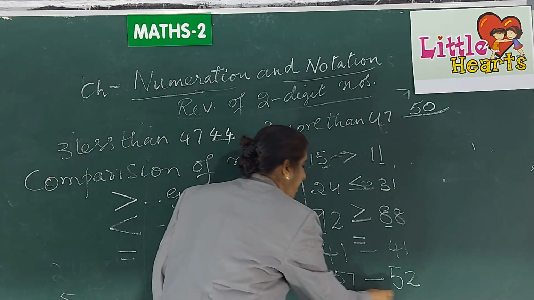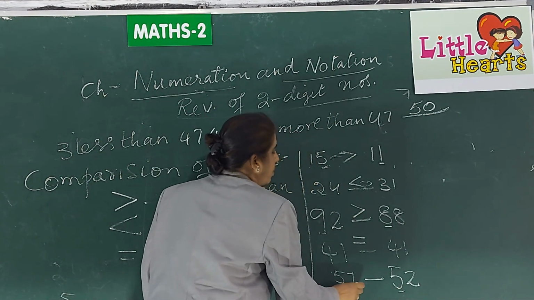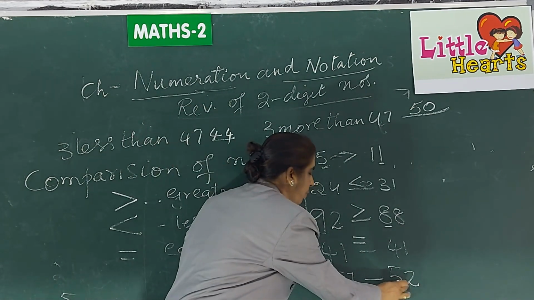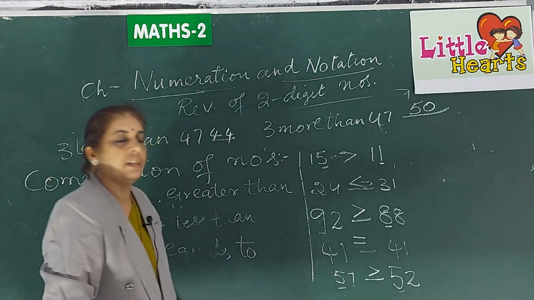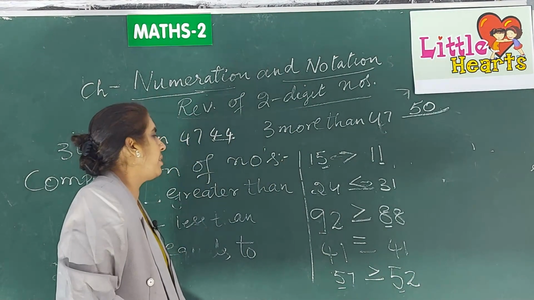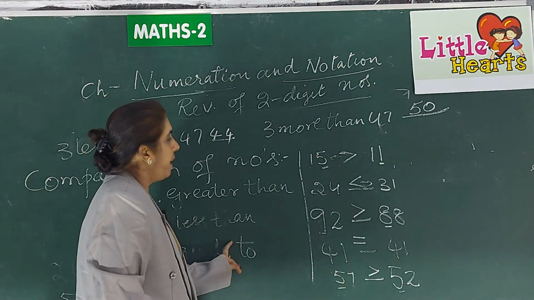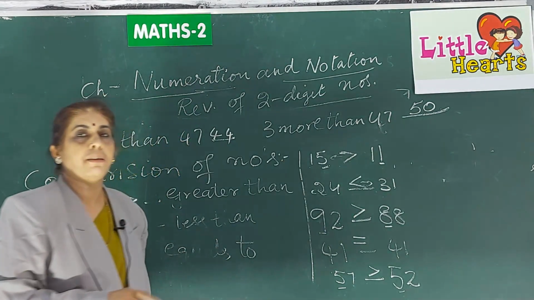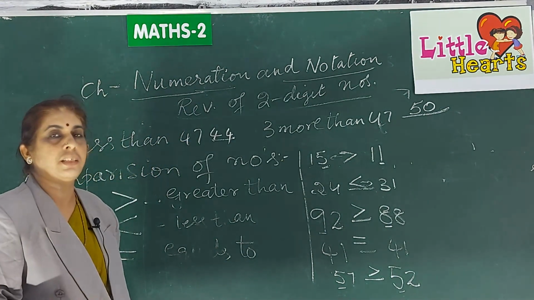Both the tens place digits are same here, so go with the ones place. 7 is greater than 2. So 57 is greater than 52. In this way you can compare the numbers. The main thing is you have to check the tens place digit first. If they are same, go with the ones place digit.